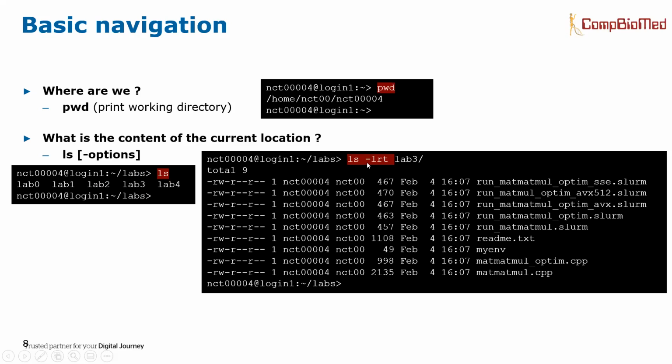So when you type ls and then space, and then you do dash, some options, for example, lrt, it will display you the content of the directory, but with more information. So T will show you the time that you have lastly edited the file, for example. L will display the information about the users and the group. And R is used for a special sorting.